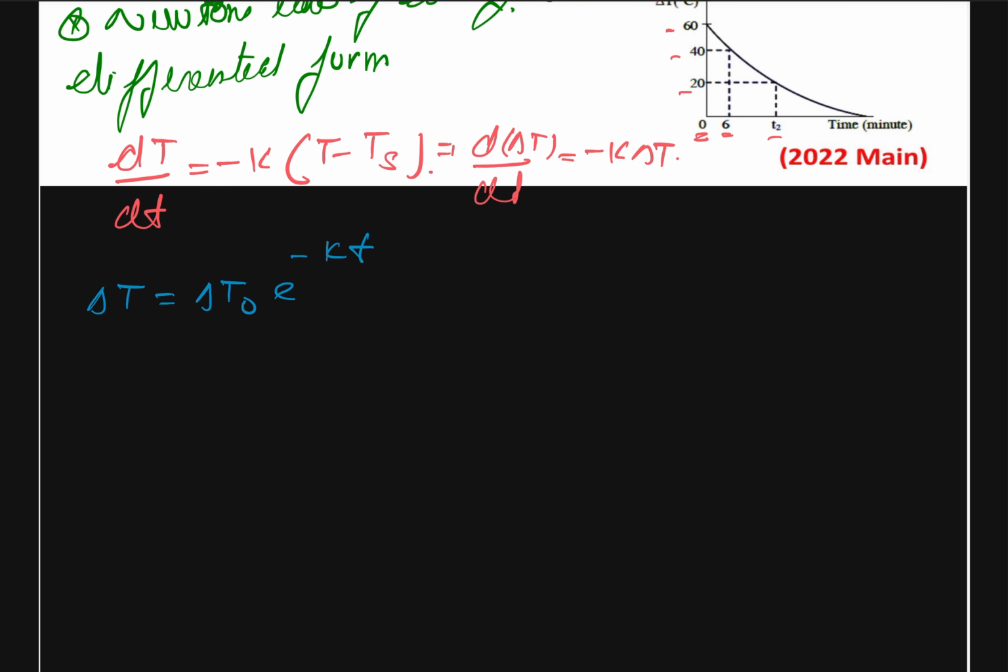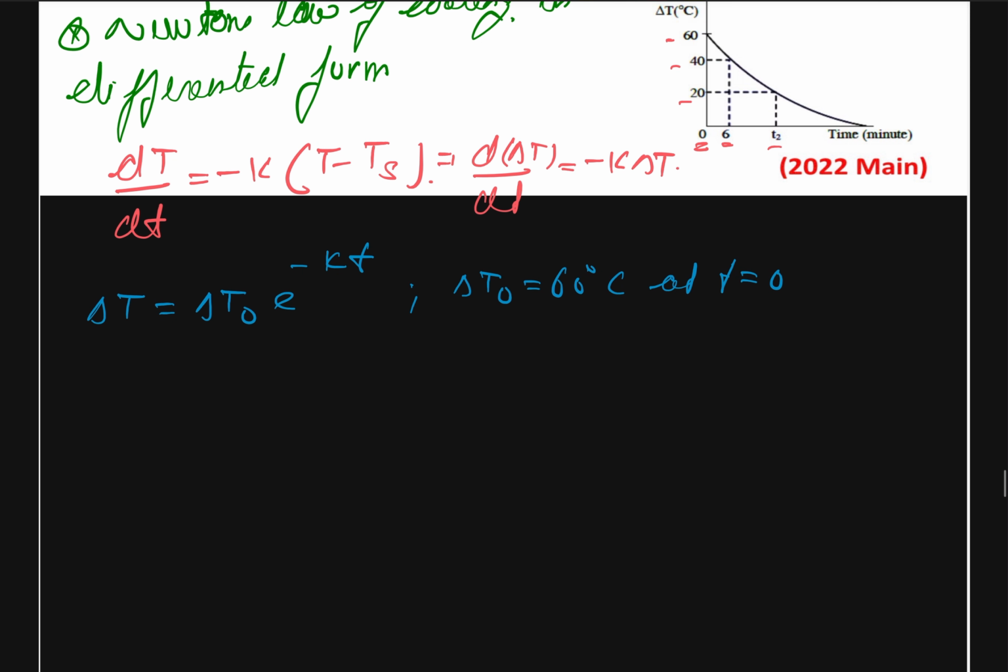In this particular case, our delta T naught is equal to 60 degrees, which basically means at t equal to 0 time, and our Ts will be equal to 20 degrees.